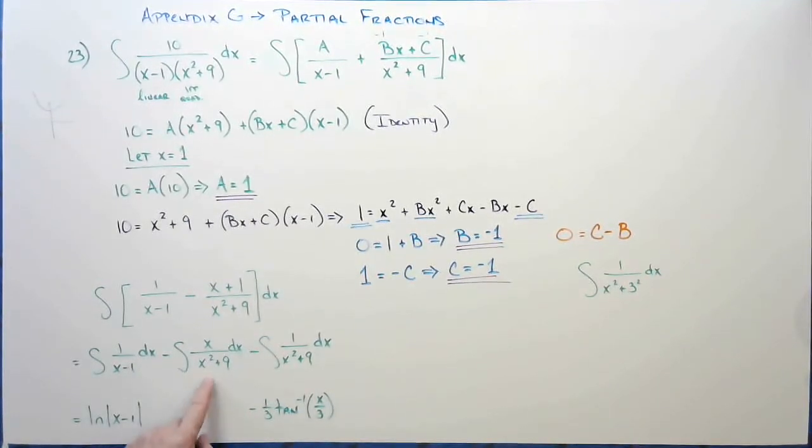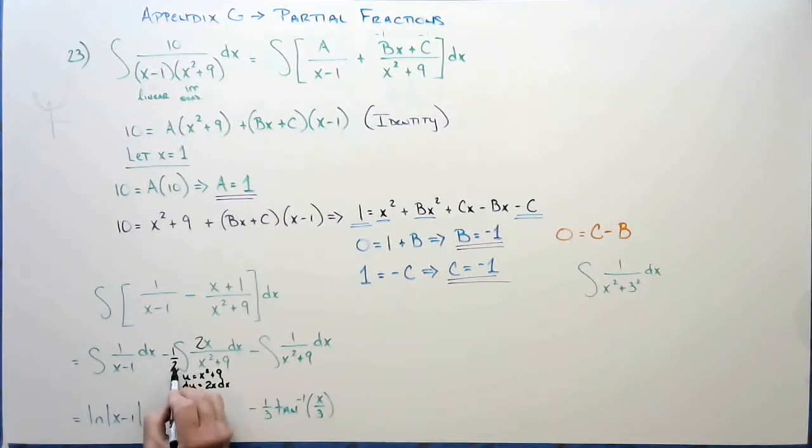Now that just leaves us the middle integral, and that one we're going to do with a u substitution. We're going to say u equals x squared plus 9, du equals 2x dx. And we're going to look at the numerator. We're going to say I need a 2 here. Hence, I have to put a half there.